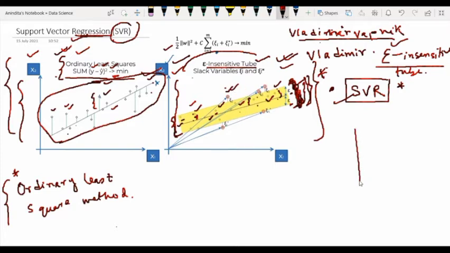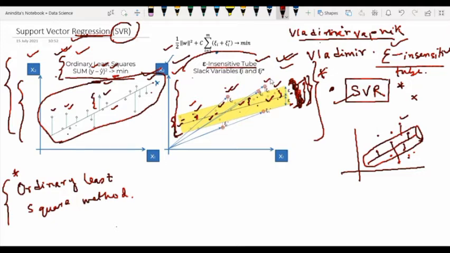So whenever you are considering support vector regression, you are considering one tube, and if you have any point inside this tube, whichever distance you have from the point to the regression line, we are not considering it. However, for whichever points we have outside this tube, we are considering the error of those points only.